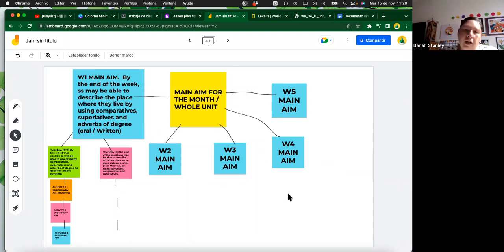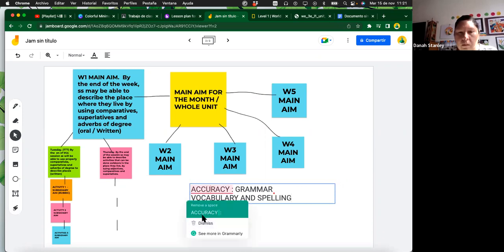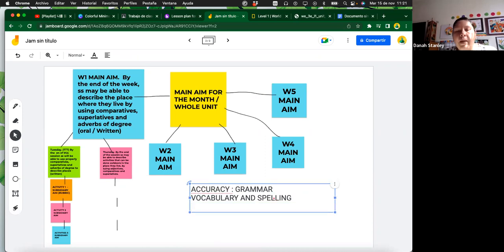No, pero es que con mi coordinador me pide un examen. Aquí está, puede ser written. Y en el written, remember that you evaluate accuracy, which is grammar, vocabulary and spelling, you have, ¿qué más le quieren evaluar?